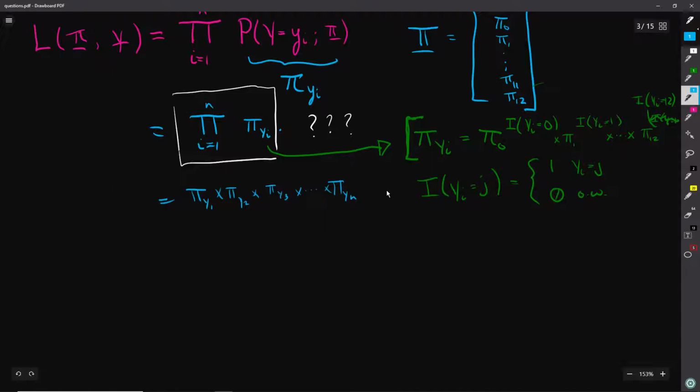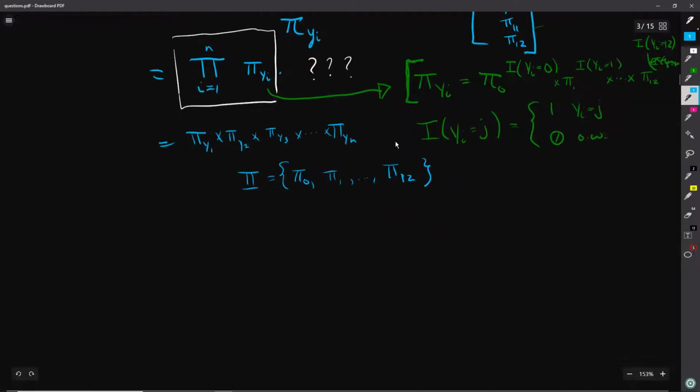Now each of these, pi y1, pi y2, and so on, is going to be in the set of pi, right? So they're all going to be elements from pi 0 or pi 1 up to pi 12, depending on what the observation of yi is.